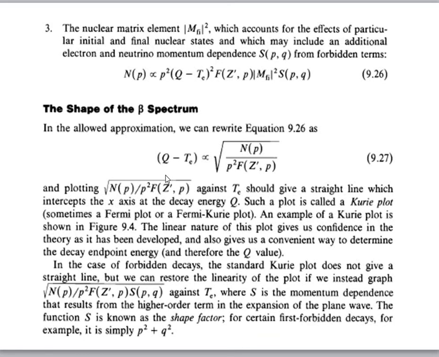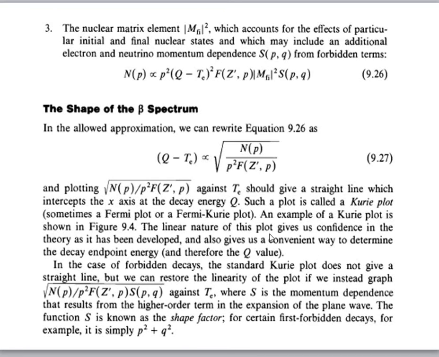From this expression we get Q minus T proportional to the square root of N(p) over p squared F(Z', p). So the graph plotting the square root of N(p) over p squared F(Z', p) against T gives a straight line. This is known as the Curie plot, or otherwise called the Fermi-Curie plot.